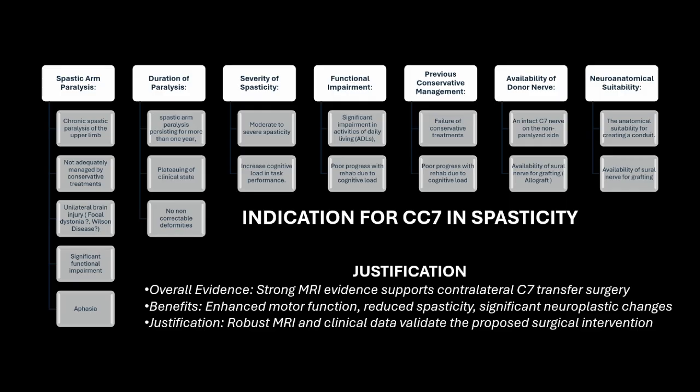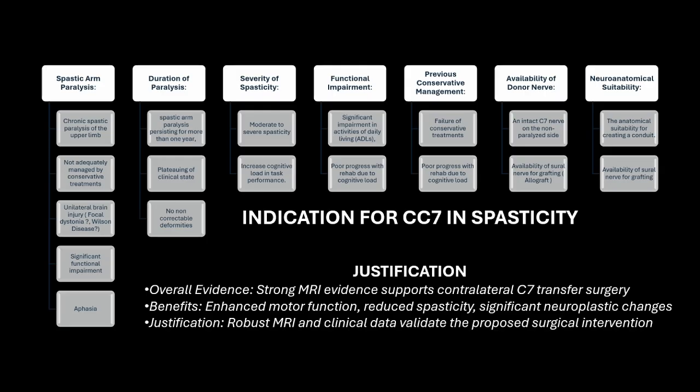In this slide, we look at what the indications for contralateral C7 in spasticity are. From my understanding of the problem and what I have read in cognitive neuroscience and central nervous system synapses and neuroplasticity, the indication is a chronic spastic paralysis of the upper limb that is not improving with conservative management, where the injury is unilateral and not bilateral.